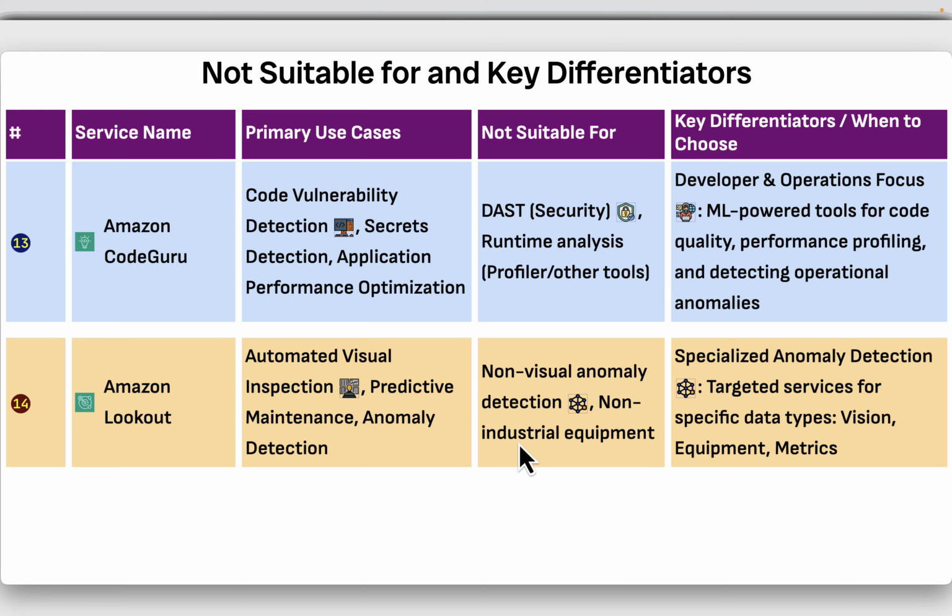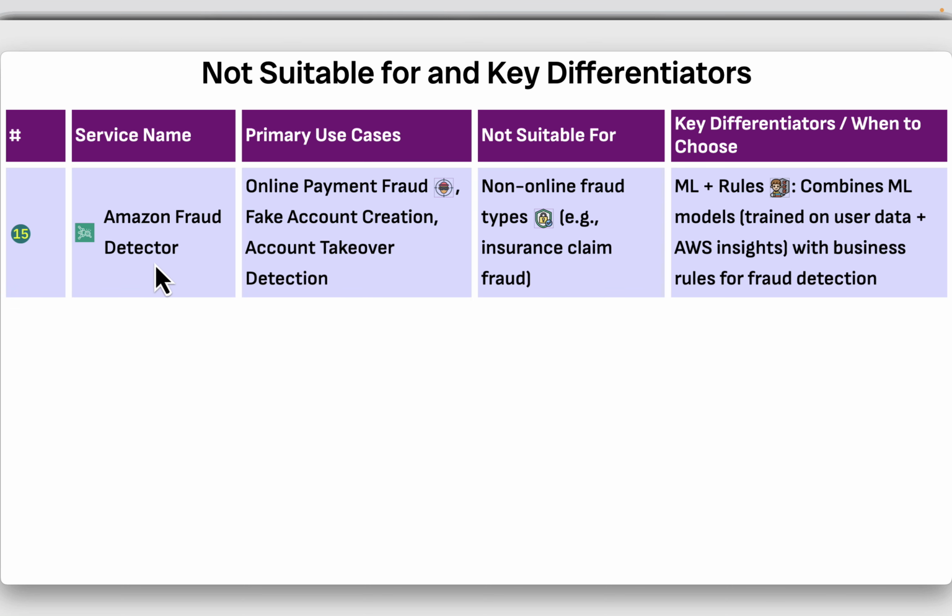It's more specific to the industry or manufacturing sector where actual industrial equipment is used, like manufacturing products and devices and all. So key differentiators and when to choose: when specialized anomaly detection is required, for example, targeted services for specific data types: vision, equipment, and metrics.